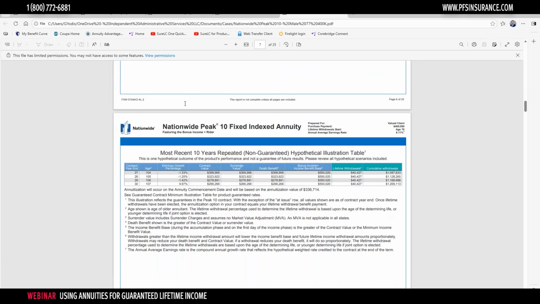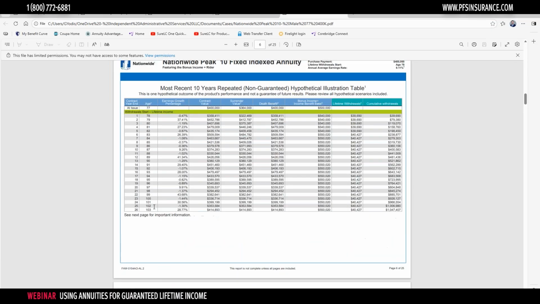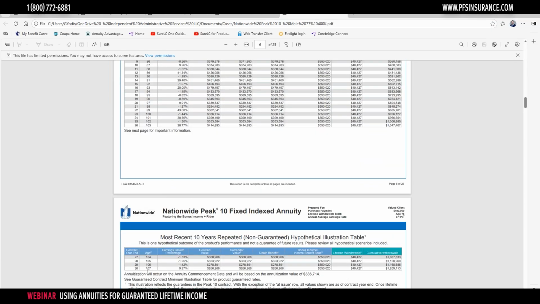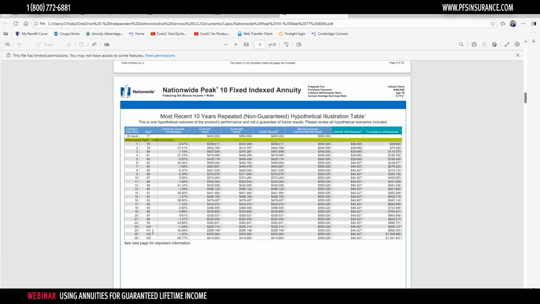And then here's the real kicker. If you look at realistic numbers, it goes out to age 107, but if we just look here, if he goes to age 95, so he has some longevity in his family, he lives to age 95. He basically has a cash value still of $389,000, which is almost his initial premium.